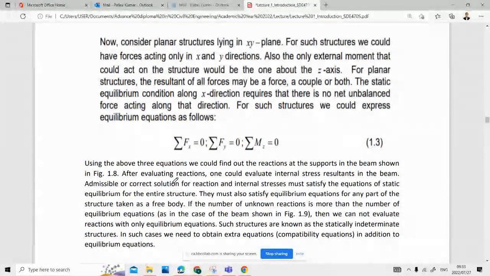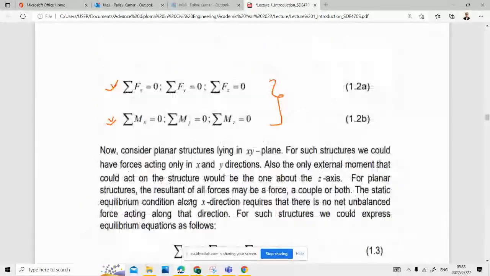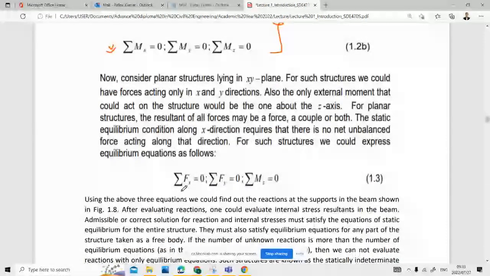Unless your structure is in equilibrium, you can't solve that structure. You start with making them in equilibrium, and then you apply these equations of statics, and then you try to get all its internal and external forces, right? So this is how things work.